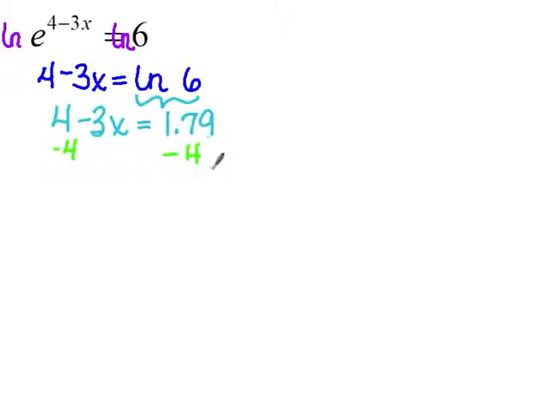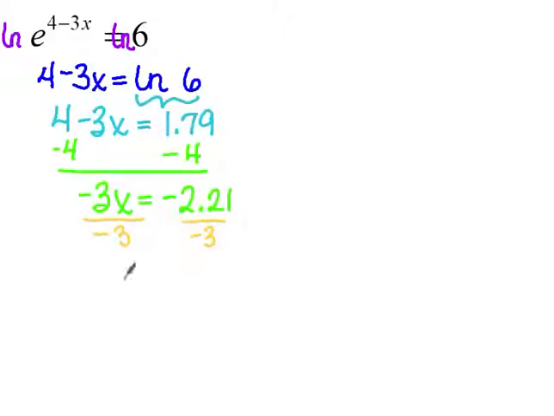Okay, so I end up getting negative 3x equals negative 2.21. Then to solve that, divide by negative 3. And so x should equal 0.74. Alrighty, so x is 0.74.